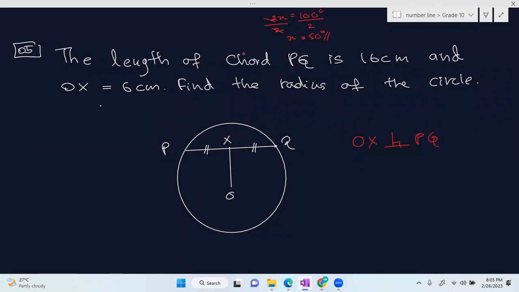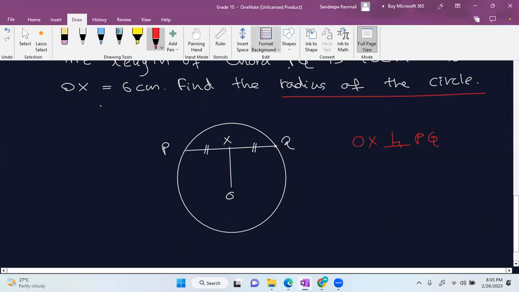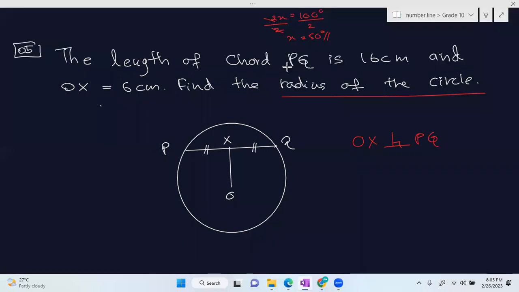That means OXP or OXQ, both angles are equal to 90 degrees. Okay, now you have to find the radius of the circle. Then what is the radius?